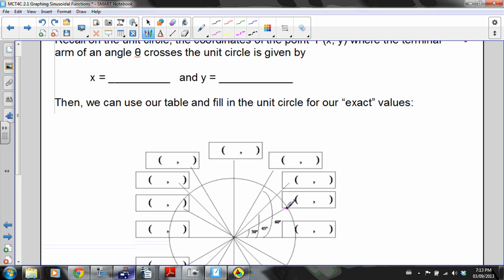Right here, this point. If this is the unit circle, the hypotenuse is 1, then the x-coordinate, which is this amount down here, well, that's the adjacent side, and the hypotenuse is 1. The x-coordinate is the cosine, right? We saw this a lot last chapter, but it's coming up again.